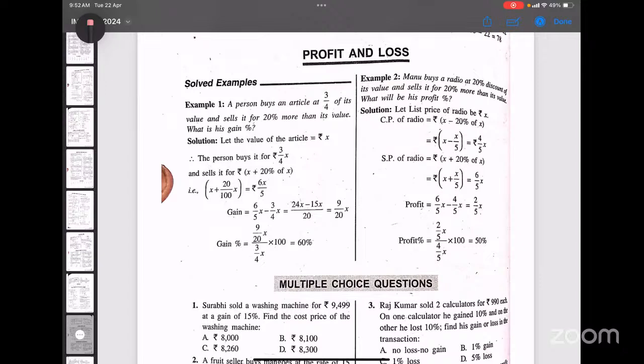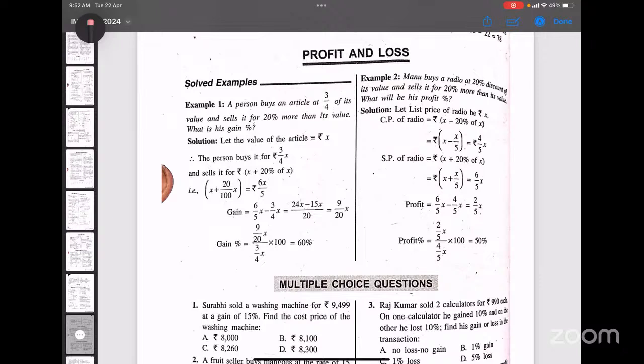If you want to find out profit, it will be selling price minus cost price, and if you want to find loss, it will be cost price minus selling price. If I convert it into a more precise way, you just have to take the difference of selling price and cost price, whether it is profit or loss. Difference will be same between them, right?